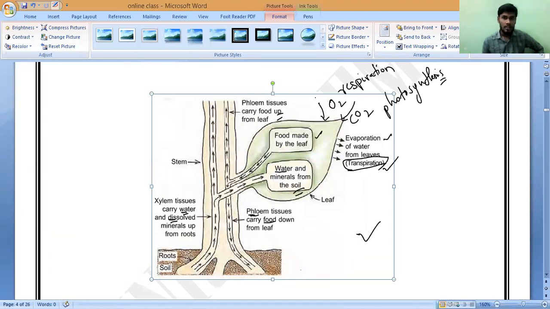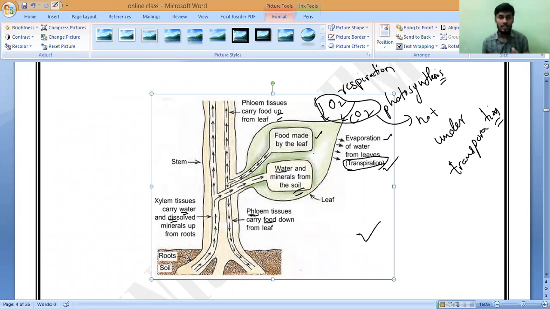So that is why this is not under transportation. Why? Because it has so many branches, so each branch can directly absorb the oxygen. Each cell can directly absorb the required amount of oxygen and carbon dioxide for photosynthesis.